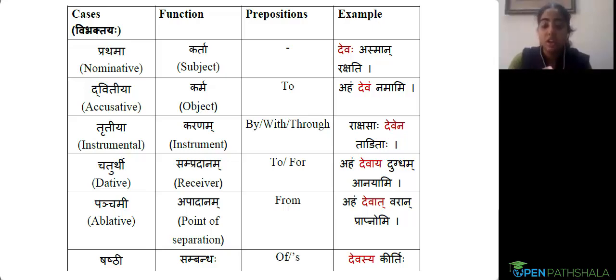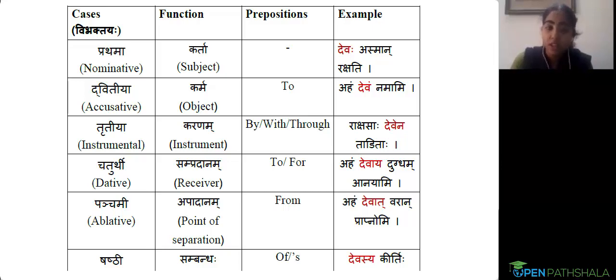So every word has the sense attached to itself with the help of a pratyaya. Pratyaya means suffix. And these senses or functions are 8 in number. So every word can be used in 8 different senses.